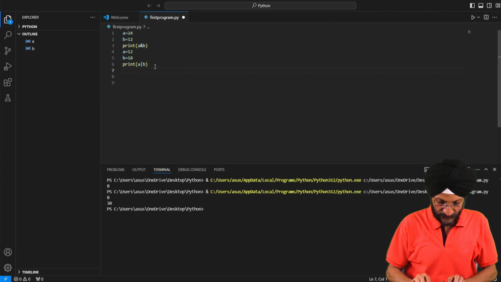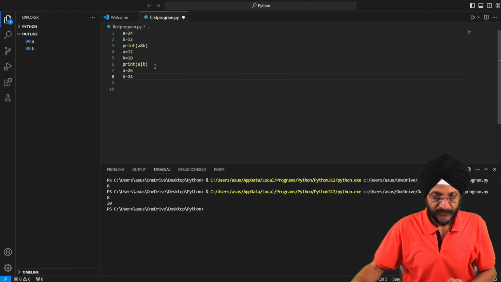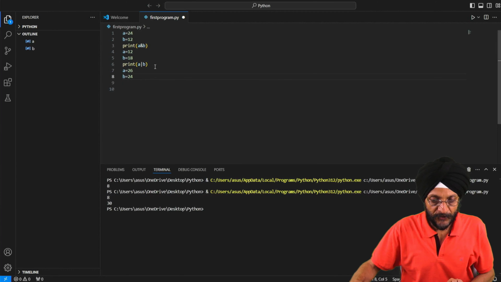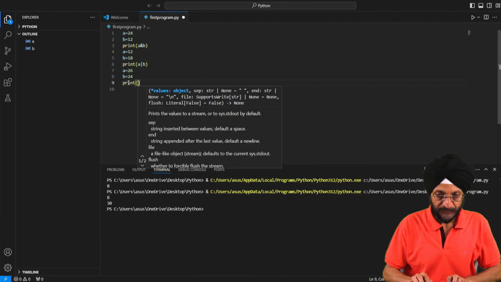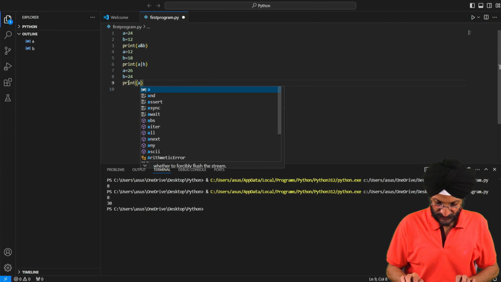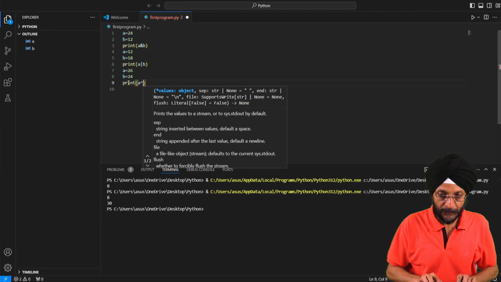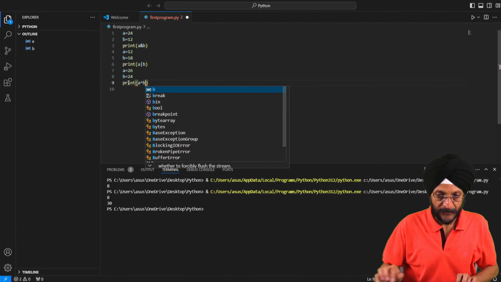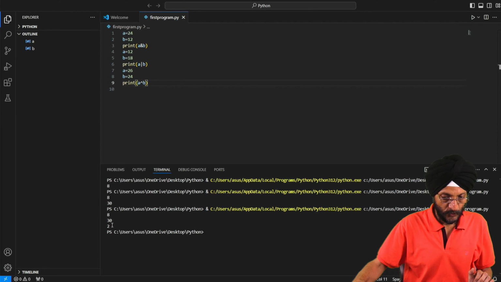So now if we write A is equal to 26, B is equal to 24, and now if we use print A XOR B, the output here is 2.